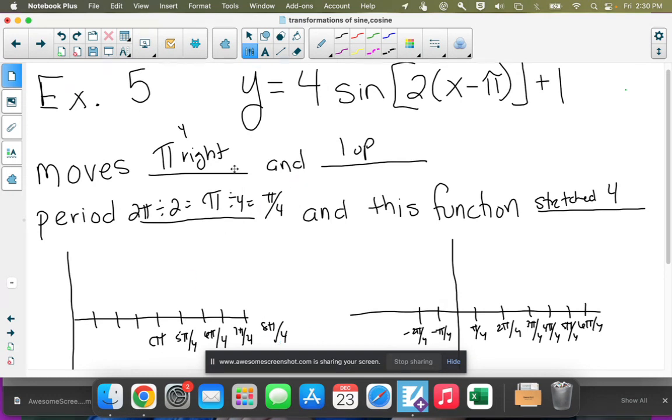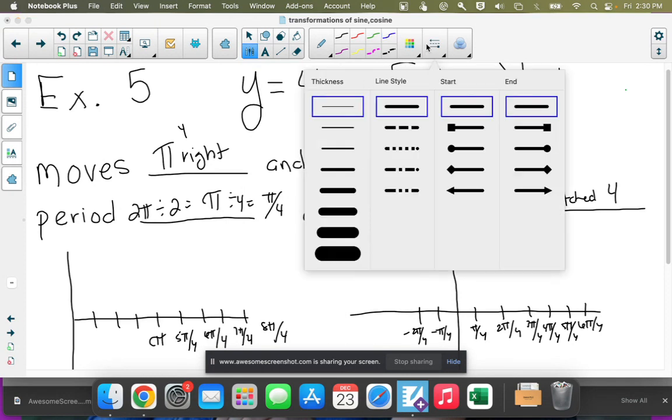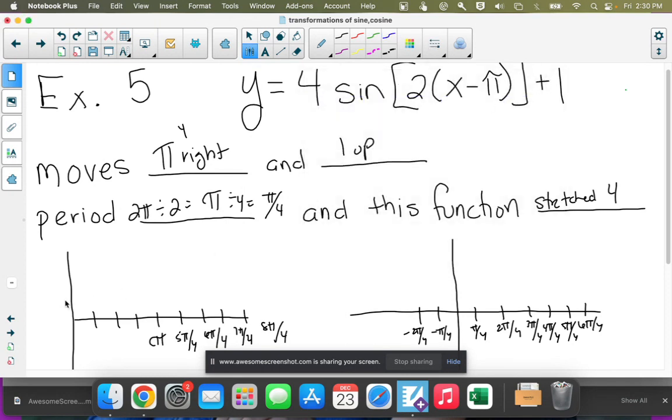You figure out where you're going to start, pi to the right, and what each tick mark is going to be. So you have to have that many to show that you are starting 4 marks to the right of your original starting point. Okay, so now we do like you did before with amplitude and midline. We're going to set up our y-axis. The middle of my function is now at positive 1.